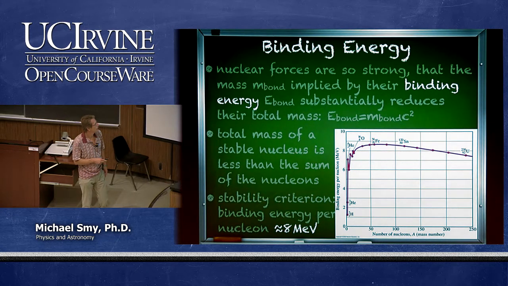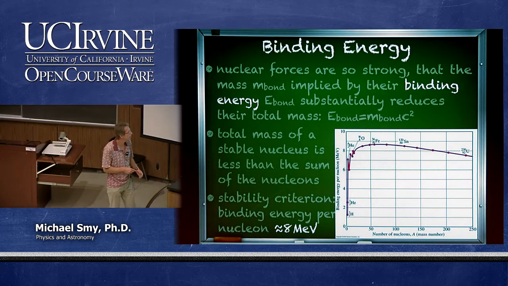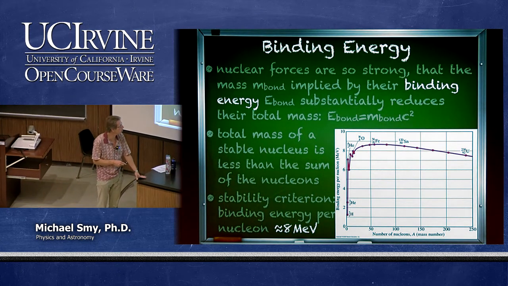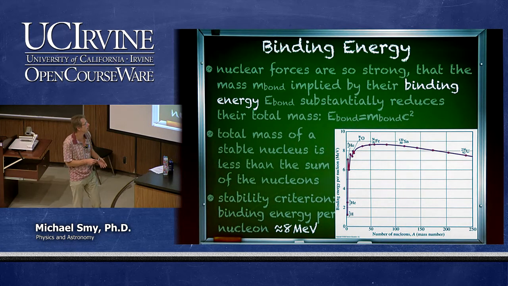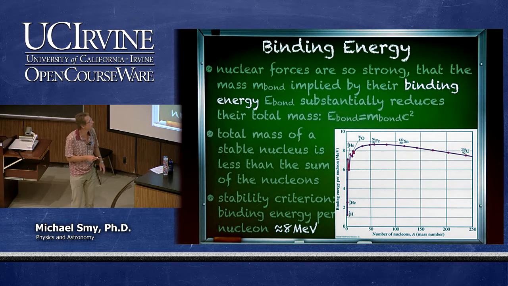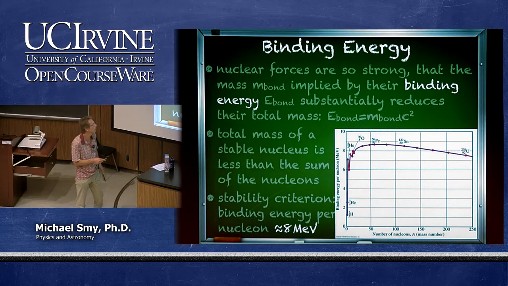It cannot be neglected. And one can then define a stability criterion for the stability of a nucleus. It is the most stable, or the bound is the strongest, if the binding energy per nucleon is the largest. And that binding energy is typically about 8 MeV per nucleon.